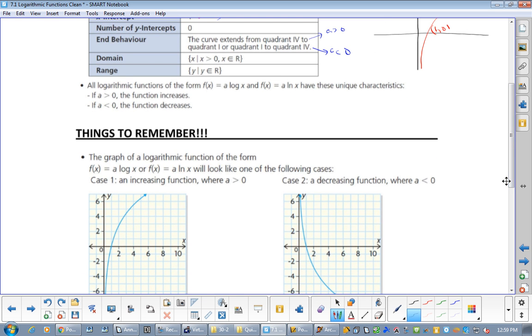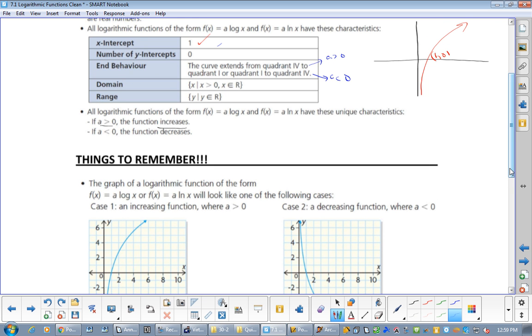So if A is greater than 0, we say the function increases. So this is why it's increasing. Do you see how it's getting bigger and bigger? This one, the function is decreasing, right? Y gets smaller and smaller and smaller.